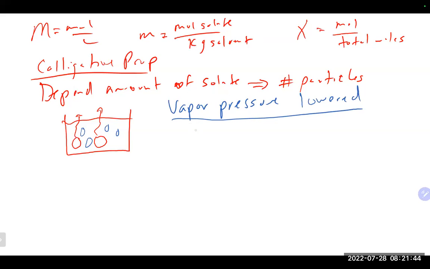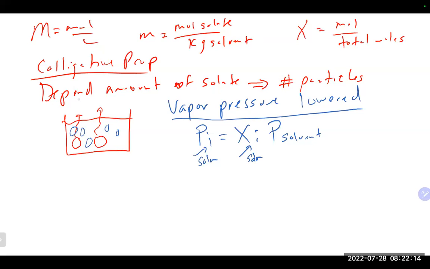And we have a formula where it is the pressure of the solution equals the mole fraction of the component times the pressure of the solvent by itself, which is its normal vapor pressure in this particular case. Now it's vapor pressure lowering because of these guys getting in the way.